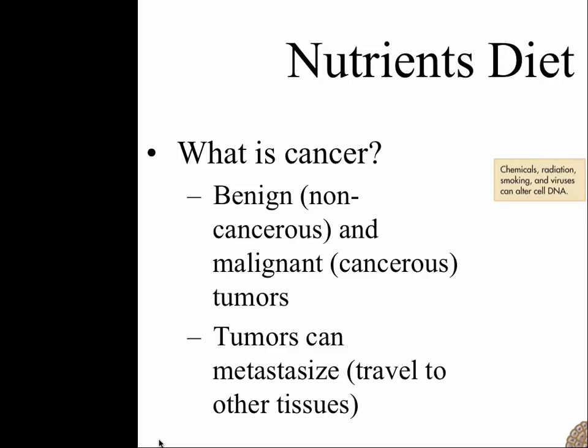What happens is you have a cell that experiences some sort of DNA alteration. It could be damage from UV light. It could be chemical, like if you have too much reactive oxygen species and it damages your DNA. And when that happens, you have altered DNA that causes that cell to become rogue. It decides, I'm not going to function the way that I normally do.